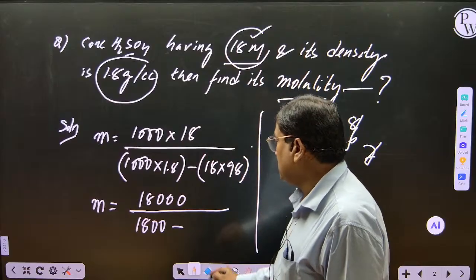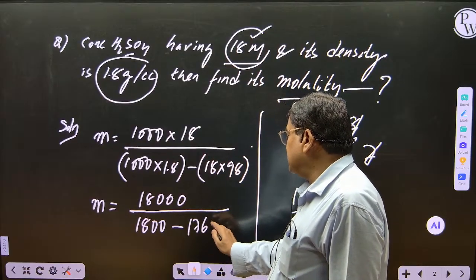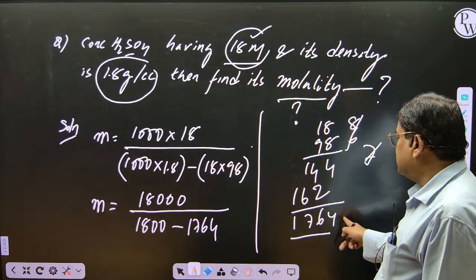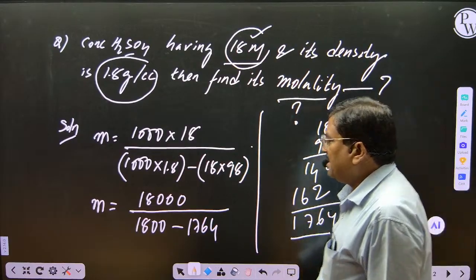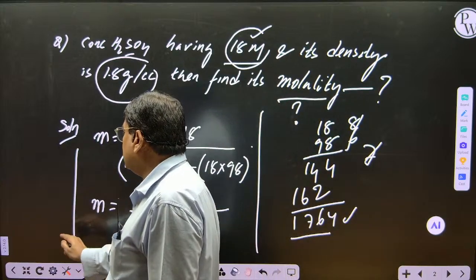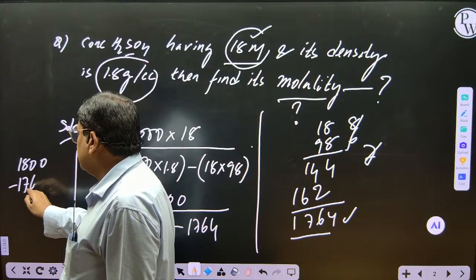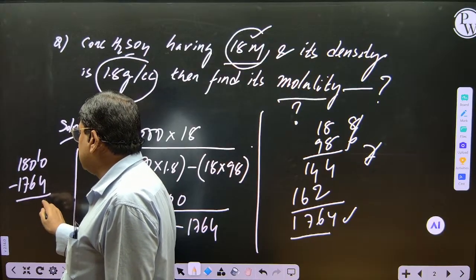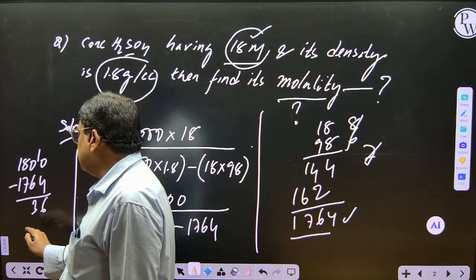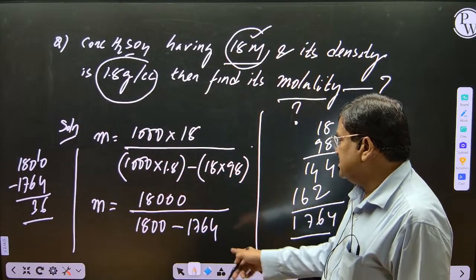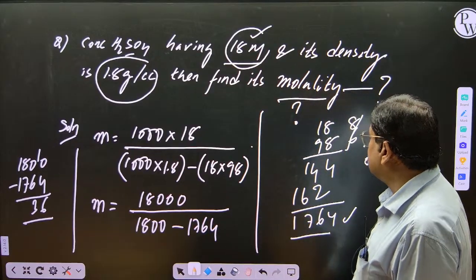Check. This is 1764. I am getting 1764. Now subtract 1764 from 1800. When you subtract, 10 minus 4 is 6, 9 minus 6 is 3. Is it coming 36? So this denominator value I am getting is 36.